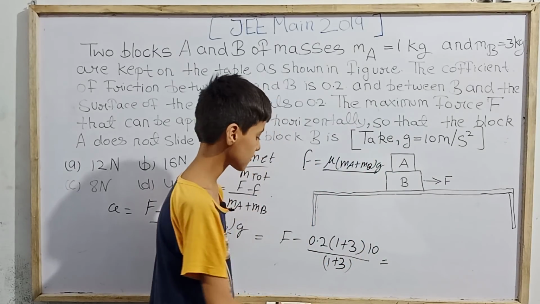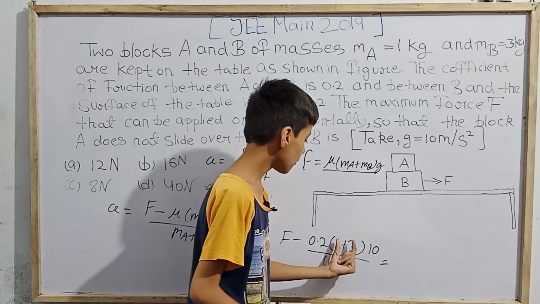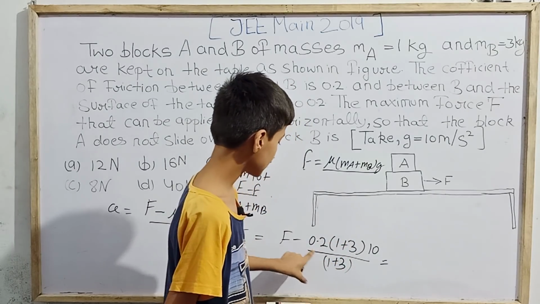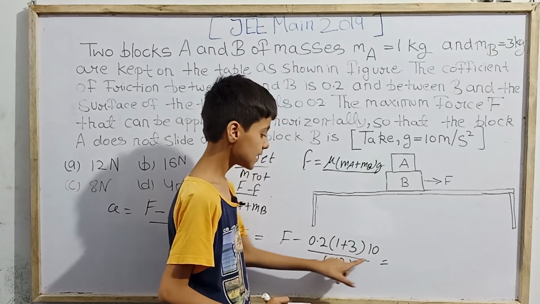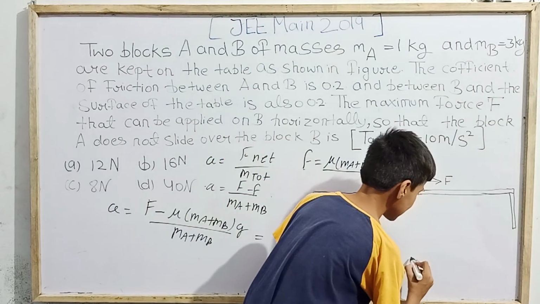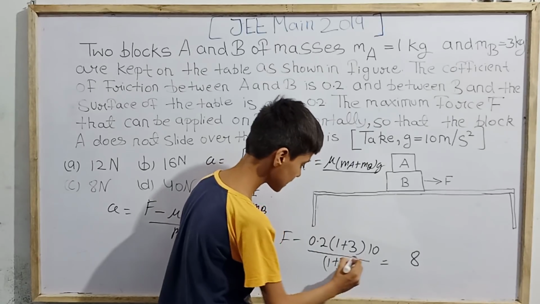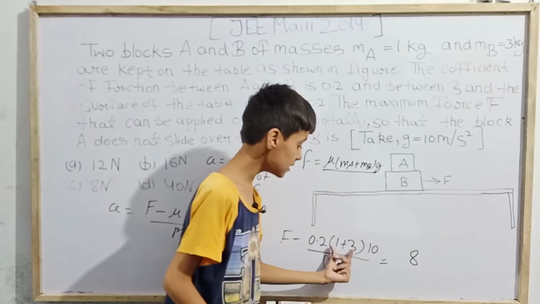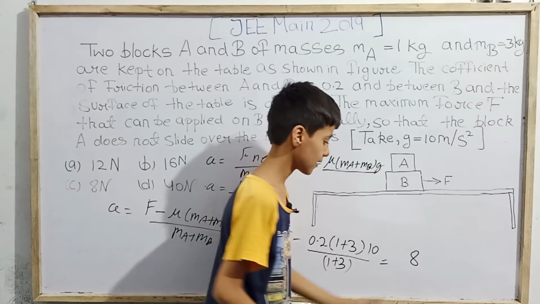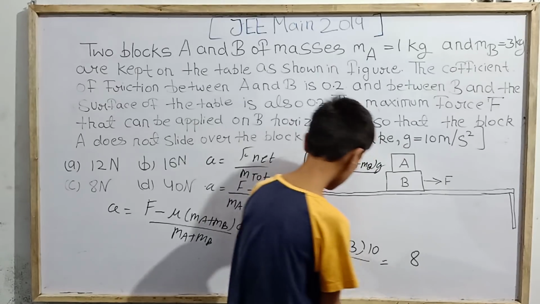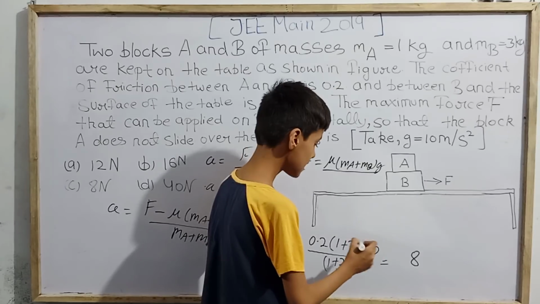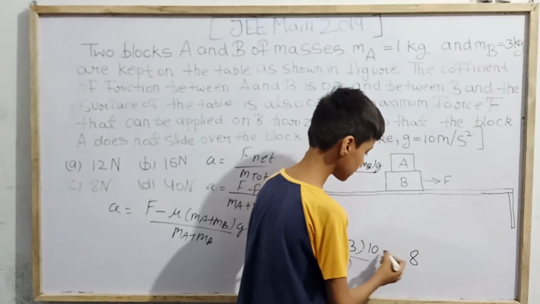So 1 plus 3 is 4. Now 4 into 0.2 into 10: 0.2 into 4 is 0.8, and 0.8 into 10 is 8.